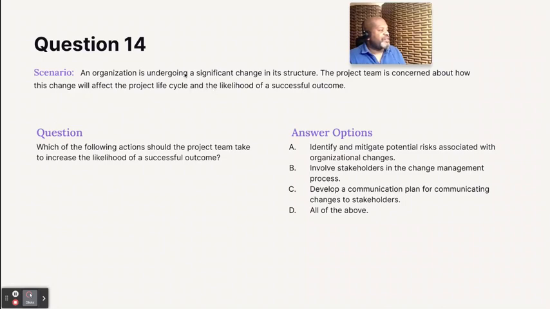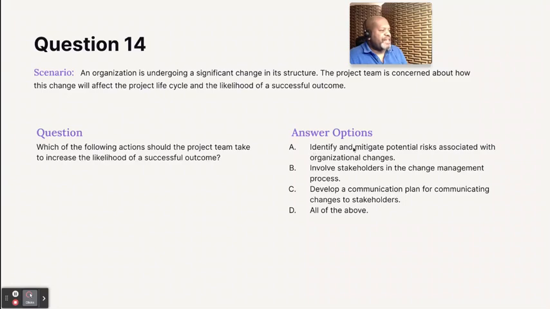An organization is undergoing a significant change in its structure. So there's a situation where we read the question and then we read the last sentence of the scenario, and then we have to go to the other sentence in the scenario in order to truly understand what's going on. But do you understand the approach?